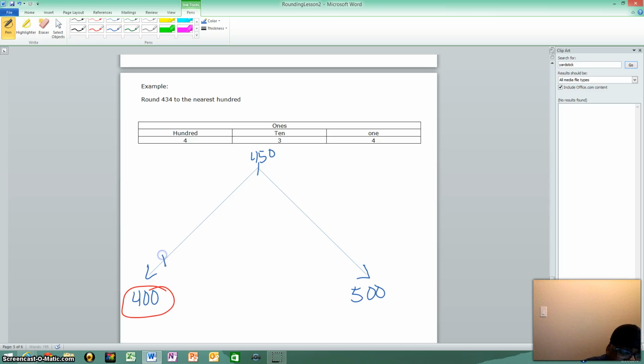So if we're using one of these number lines, we have 410, 420, 430, 440. Then we have 460, 470, 480, and then 490.